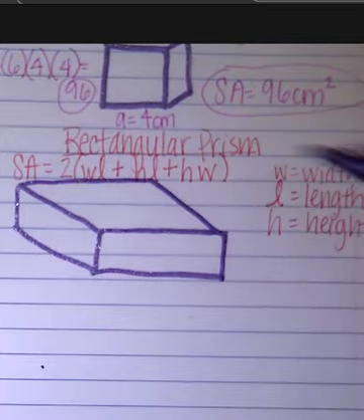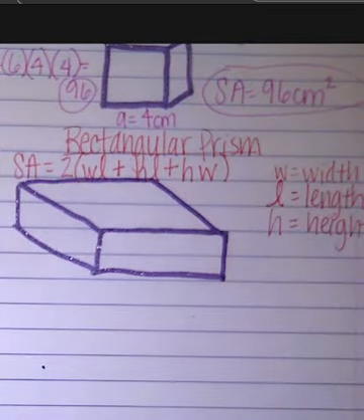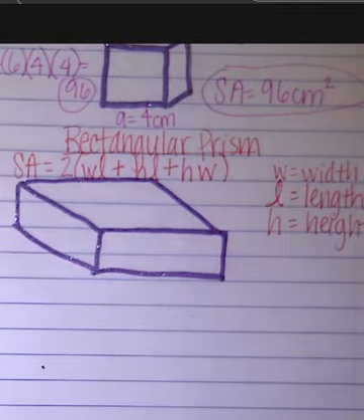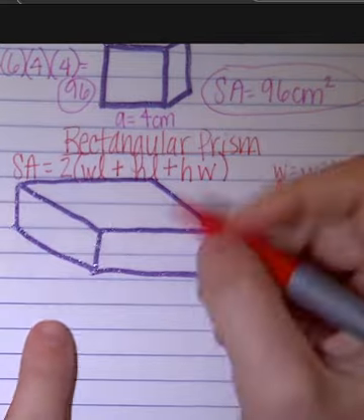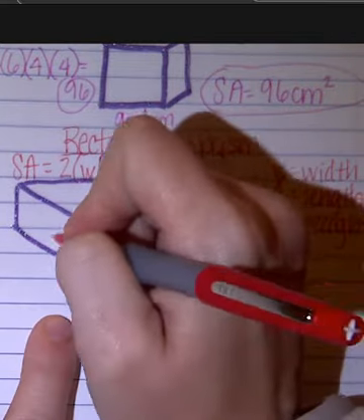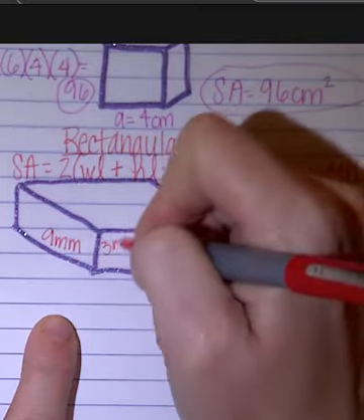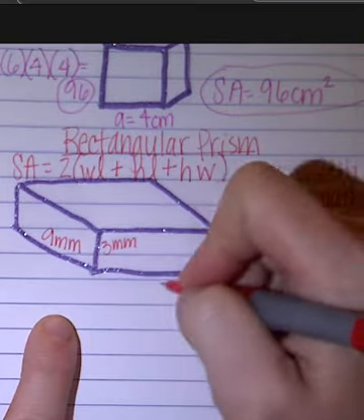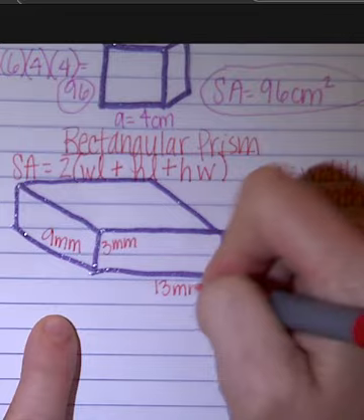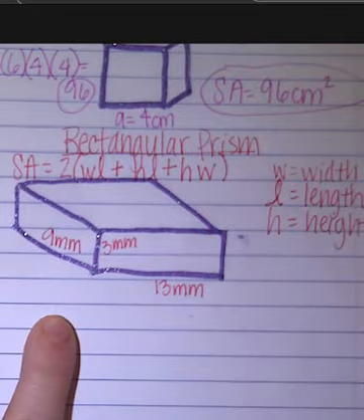Okay, so there's my rectangular prism. Okay, so I'm going to give you these numbers here. We have 9 millimeters, 3 millimeters, and 13 millimeters. Okay, so which is what?